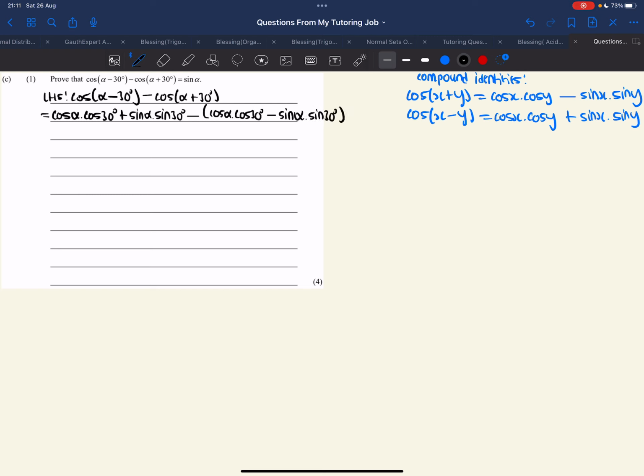Then you say equals cos alpha cos 30 plus sine alpha sine 30. Now if you multiply the minus inside the bracket, that will become minus cos alpha cos of 30 degrees plus sine alpha sine of 30 degrees.